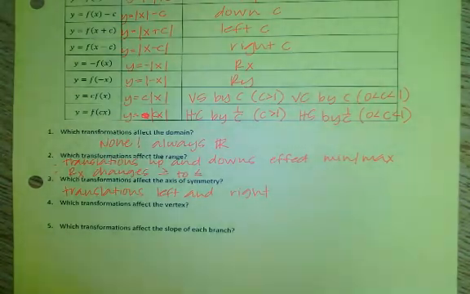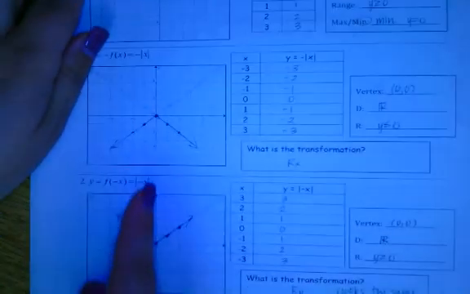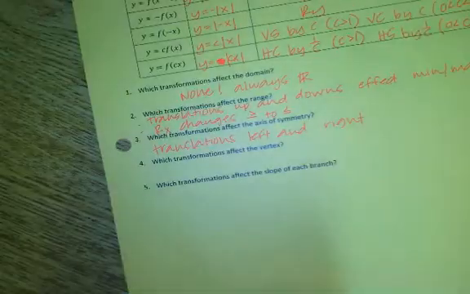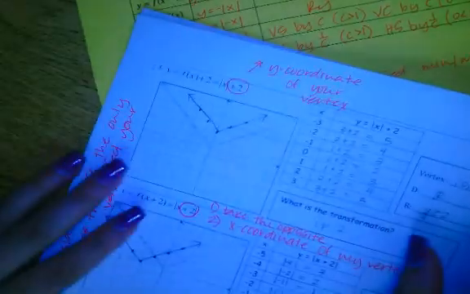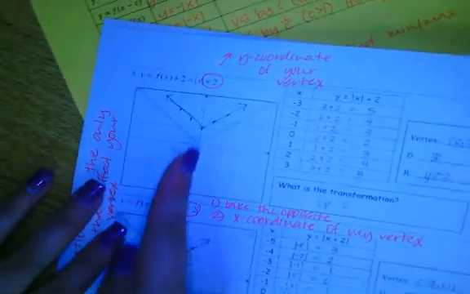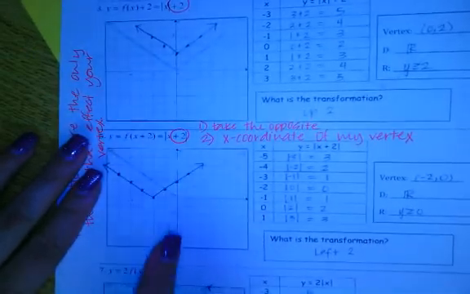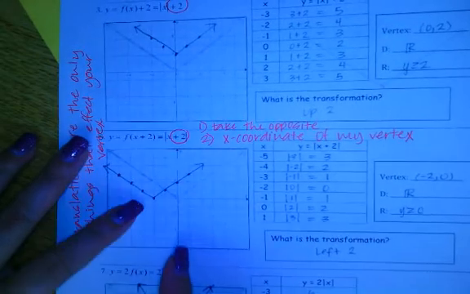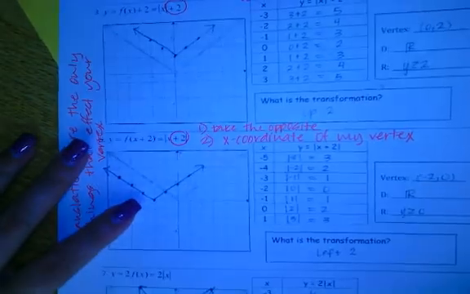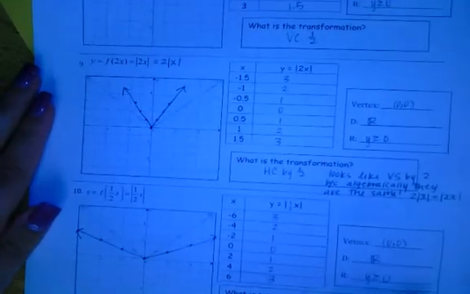Okay, so our reflections, we still are symmetrical on our axis. When we go up and down, we would still be symmetrical on our axis. But when we go left to right, if I go along the line x equals 0, we're no longer symmetrical. I can't fold my paper right here and it be equivalent on both sides. Our stretches and compressions are also going to be at x equals 0. So all of these are still x equals 0. So the only thing that's going to affect it is moving left or right.